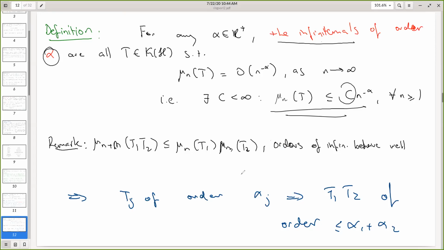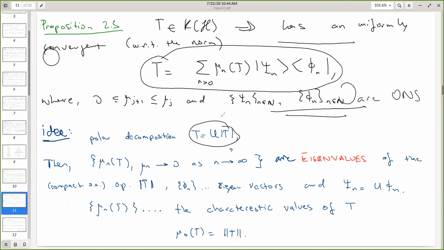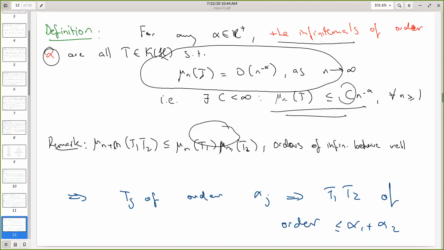So again, you have a compact operator. You can do this decomposition that I showed you here of this operator by using the polar decomposition. And now the singular values, or the characteristic values, mu n of T, have a certain asymptotic as n goes to infinity, and that is of order n to the minus alpha.